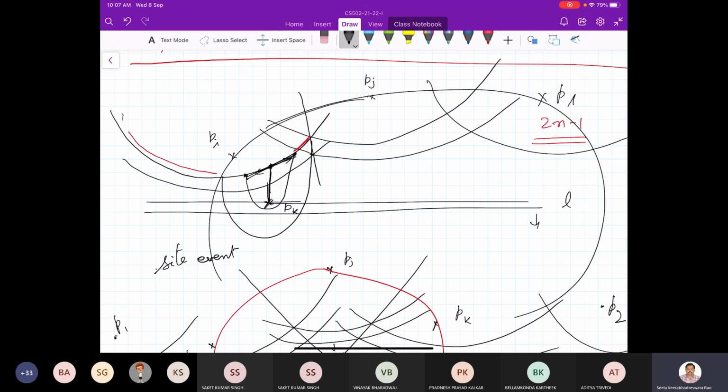And when the sweep line moves downwards, this vertical line opens up and forms a small parabola, and both the endpoints of this parabola, which intersect with the parabola immediately above, trace out the same Voronoi edge, which is not connected to the rest of the Voronoi diagram initially. After some time, it intersects with the rest of the Voronoi diagram, and there it connects to the rest of the Voronoi diagram. This is the site event.